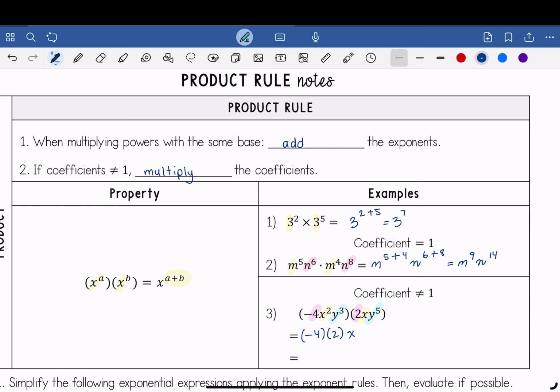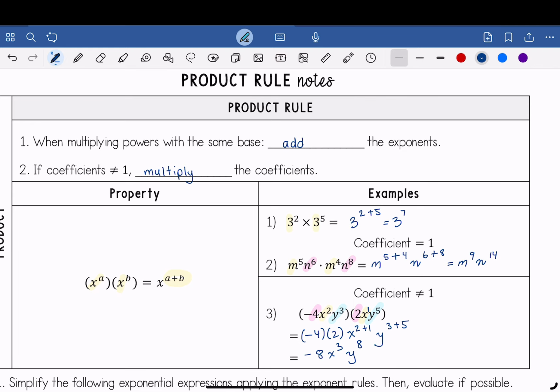And then your next variable is x, and you're going to add the exponents. And the exponent here is the imaginary 1, the invisible one, exponent rule. So it's x to the power of 2 plus 1. And then y, 3 plus 5. So now I'll multiply the coefficients. It equals -8, x to the power of 3, and y to the power of 8.